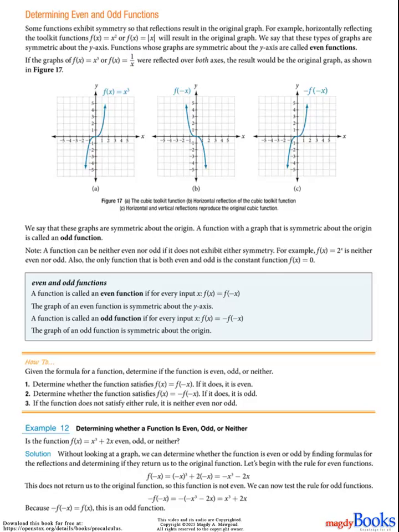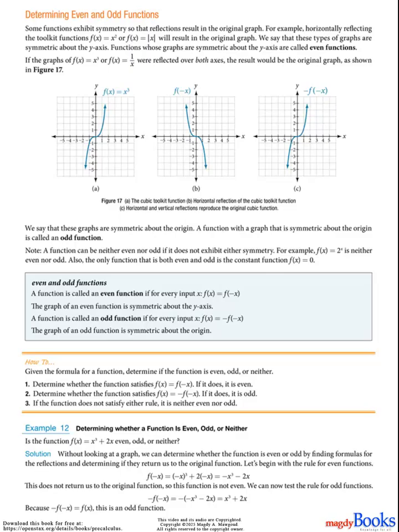Even and odd functions. A function is called an even function if for every input x, f(x) = f(-x). The graph of an even function is symmetric about the y-axis. A function is called an odd function if for every input x, f(x) = -f(-x). The graph of an odd function is symmetric about the origin.